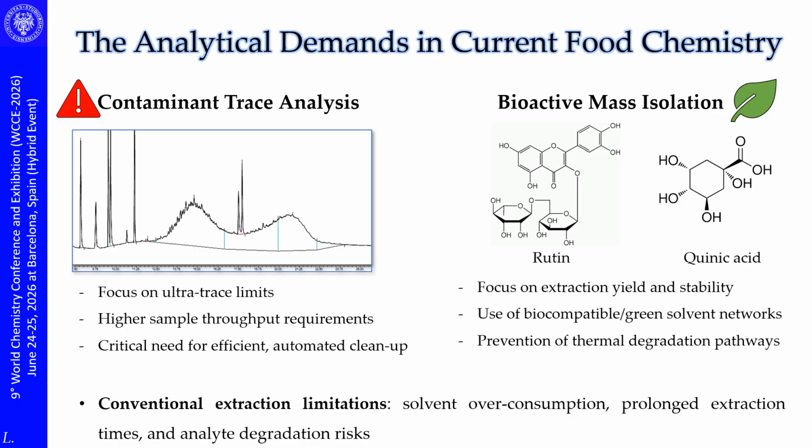On the other hand, the functional characterization of agricultural products requires the efficient isolation of target bioactive molecules such as polyphenols, where preserving chemical stability and maximizing extraction yield are the primary goals. Conventional extraction techniques often struggle to address these parameters efficiently due to high organic solvent consumption, extended process times, or the inherent risk of thermal degradation.